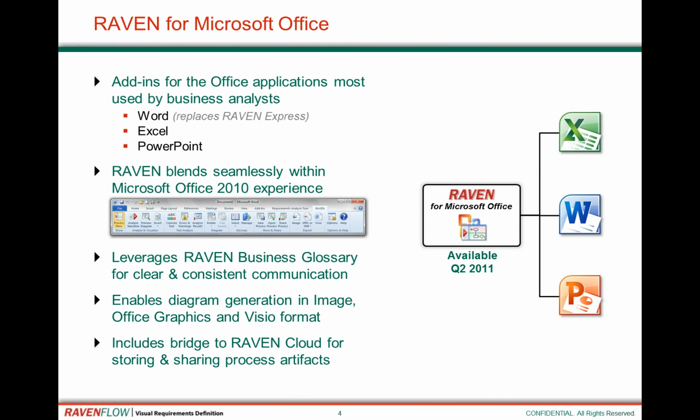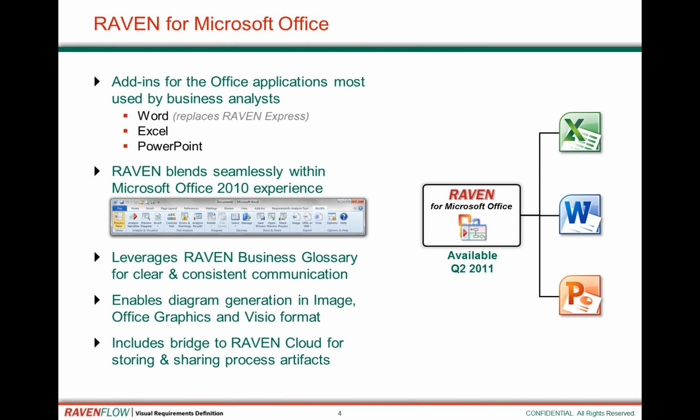which we think is fundamentally important. It allows you to generate not only the higher fidelity diagrams that you've seen in Raven Cloud, but the same kind of things from Office, and do it in image format, in Office graphics format, or in Visio format, even if you don't have Visio installed on your machines, right?